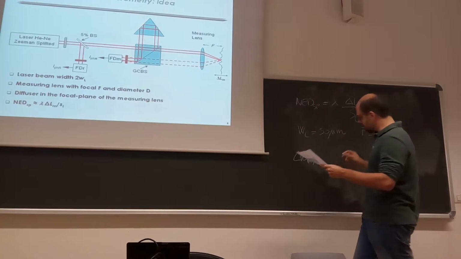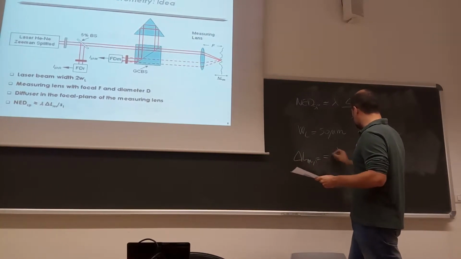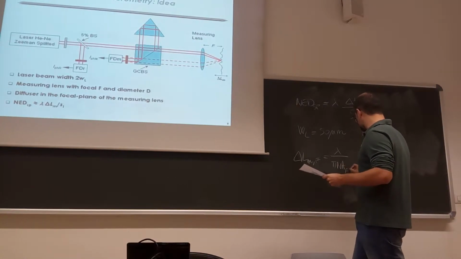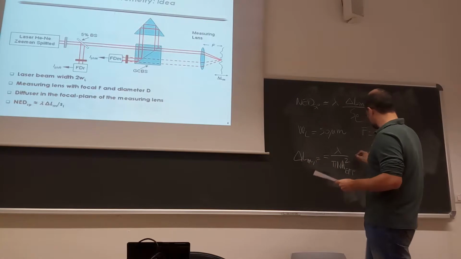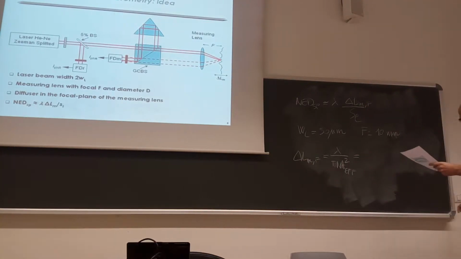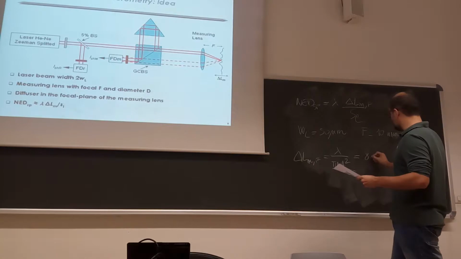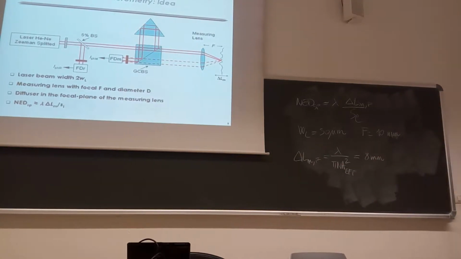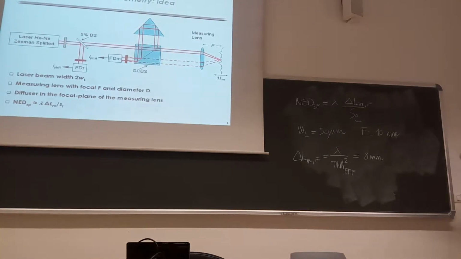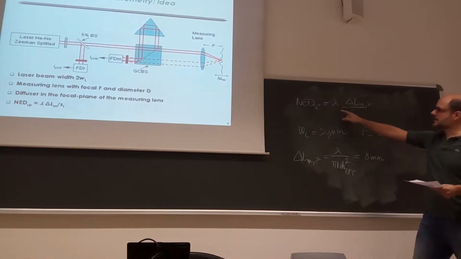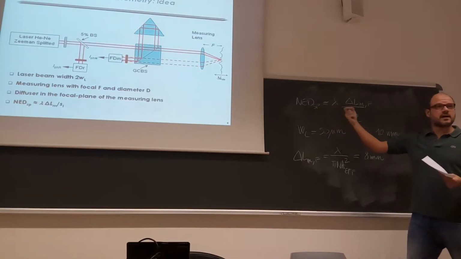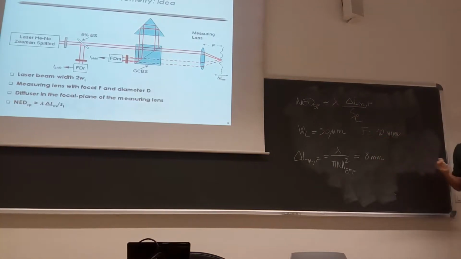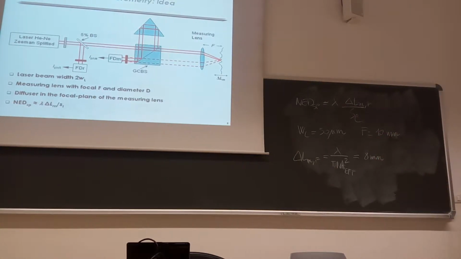We have already written it, but anyway, I will rewrite. This is lambda divided by pi numerical effective aperture squared. So what you get is 8 millimeters, okay? Not a bad distance, especially because you can work in a situation in which this limit is very low. How can you evaluate this limit? You have to evaluate also the longitudinal dimension of the speckle, okay?